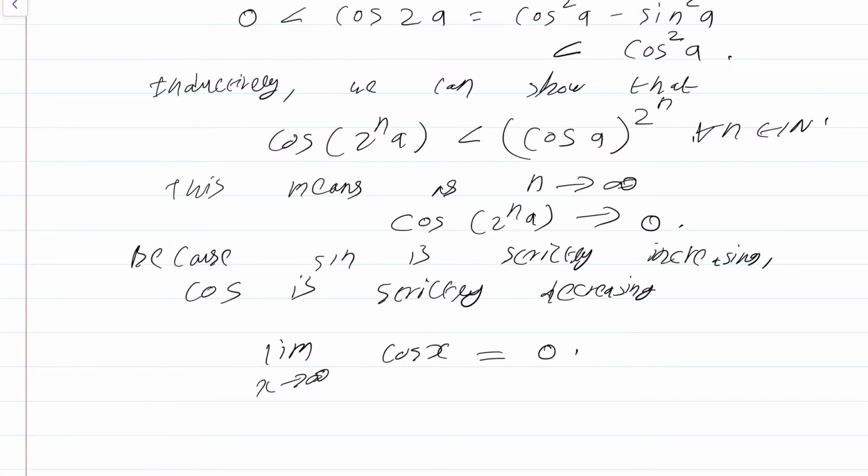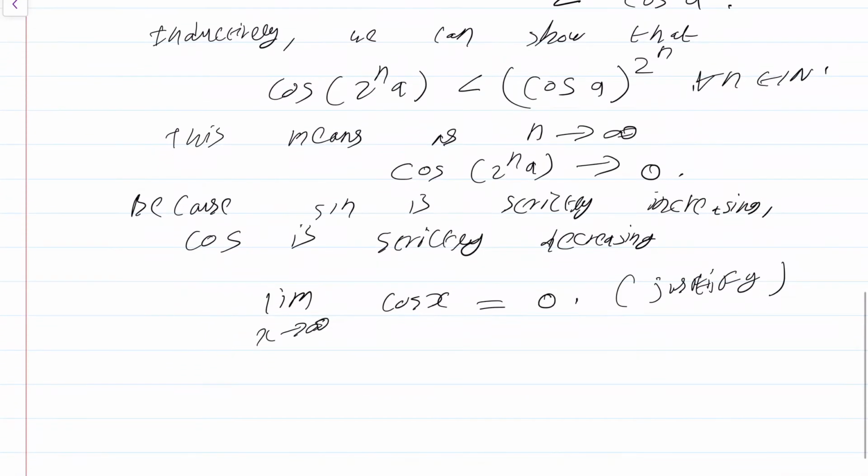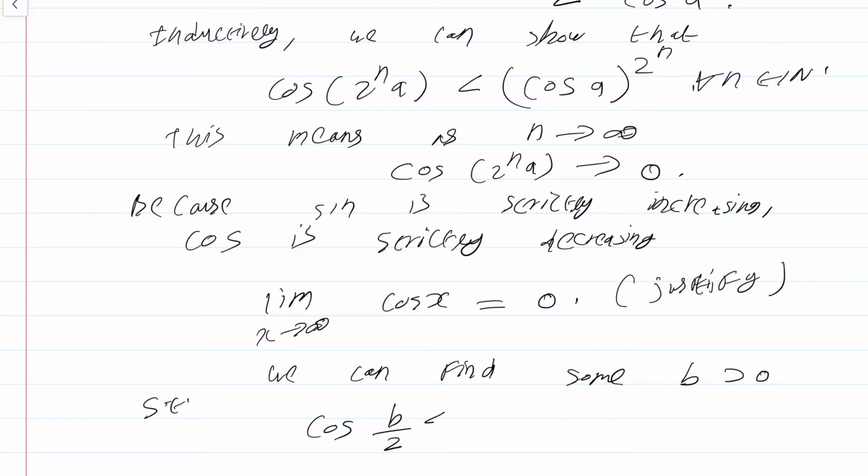Okay, justify. This is fairly easy because the key step is the fact that cos is strictly decreasing. Okay, now because limit x going to infinity cos x is equal to 0, we can find some b greater than 0 such that cos b by 2 is less than 1 by 4.